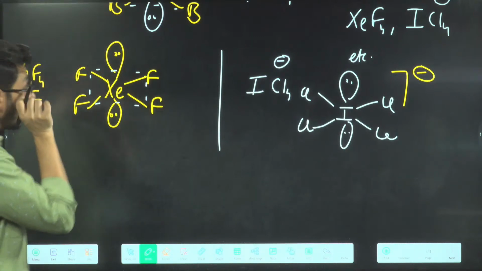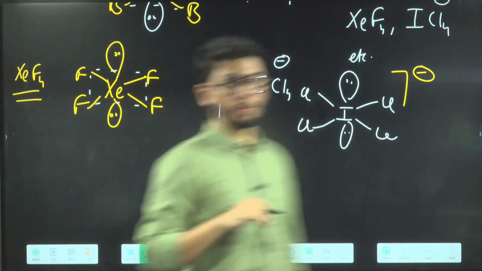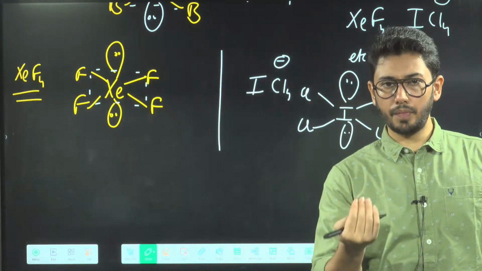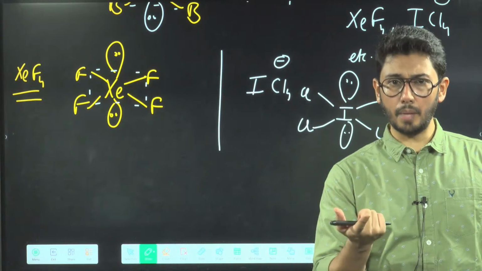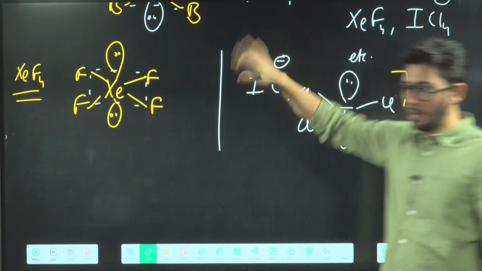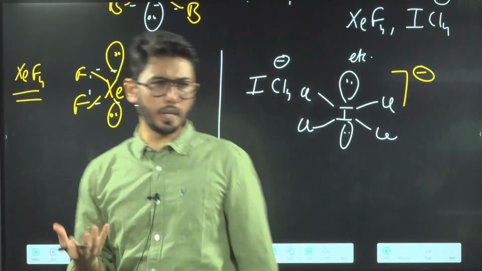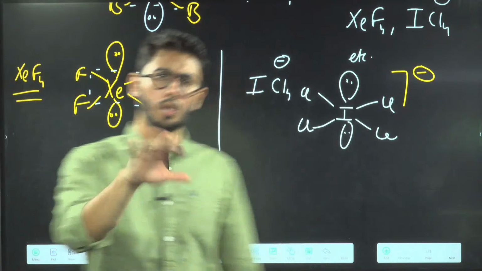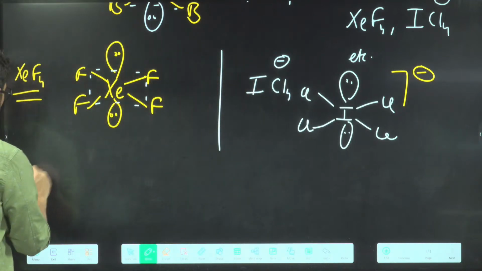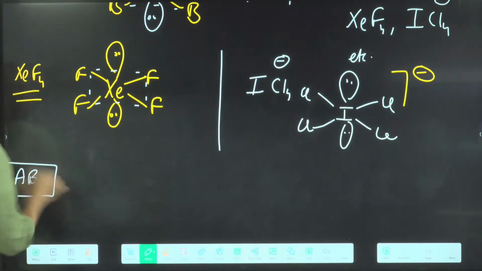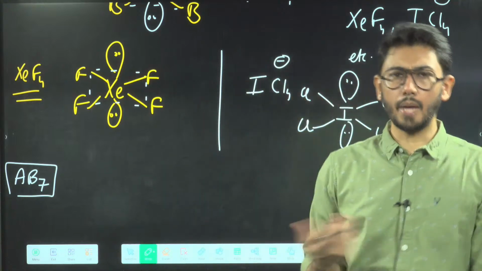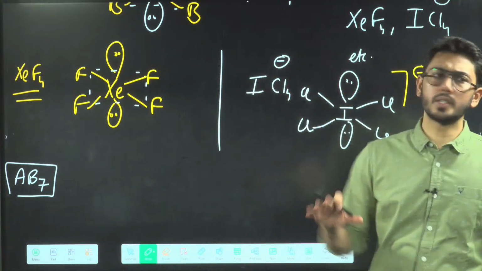So these are the different types: AB6 regular, AB5L square pyramidal, and AB4L2 square planar. Below it is not given, because more lone pairs means more repulsion, so you will not get beyond AB4L2 type. Up to this it is important for us. After AB6, that is AB7, is not important. Even in hybridization I told you that example was not given.